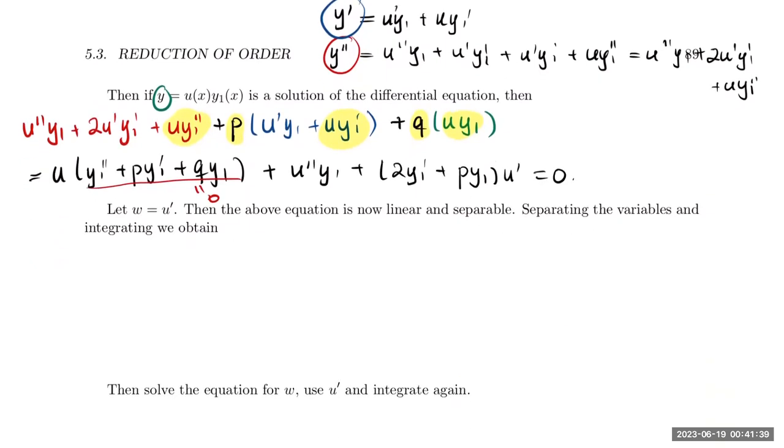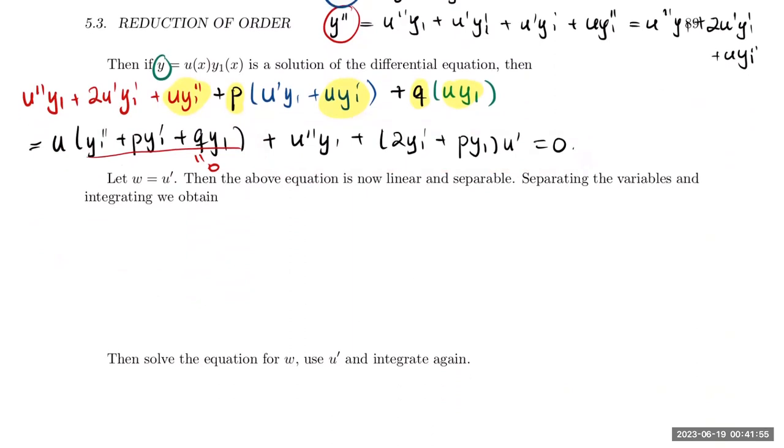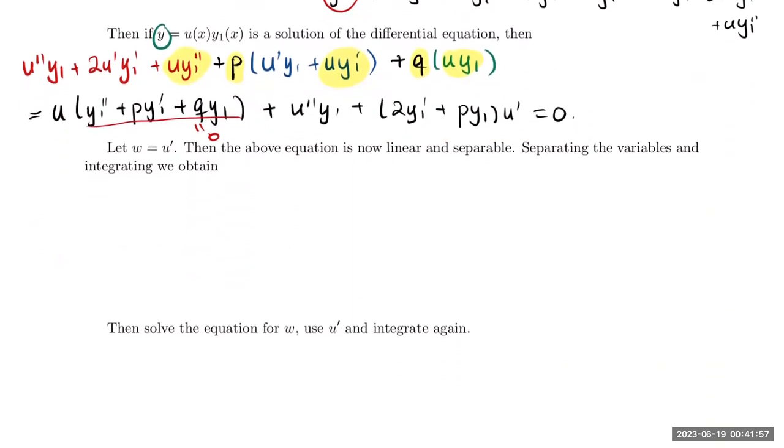Now let's make a substitution. Let's say that w is u prime. Then the above equation that we just created, which is just these two terms here, is now going to be linear and separable. So let's see what we get here.